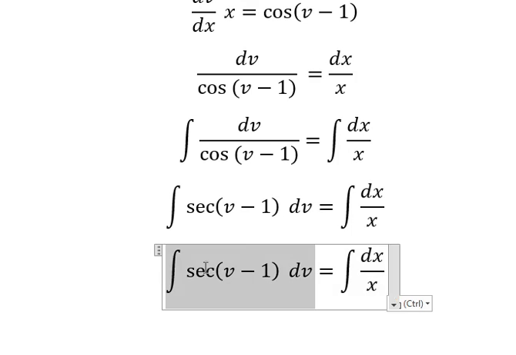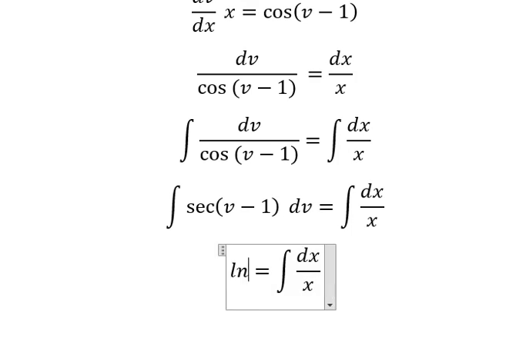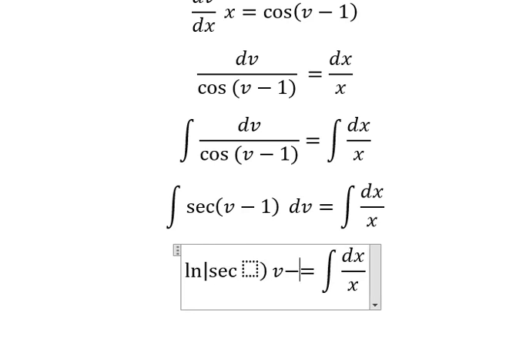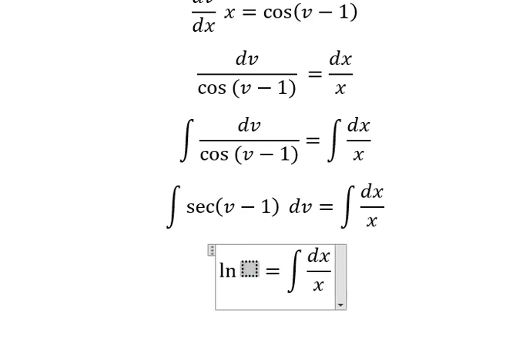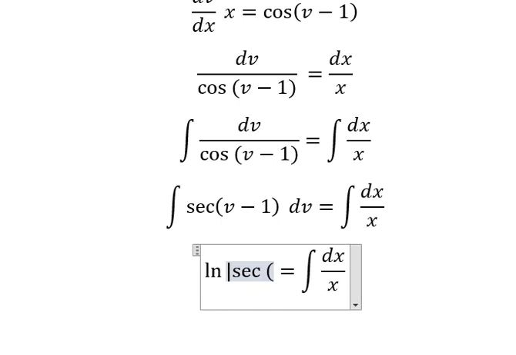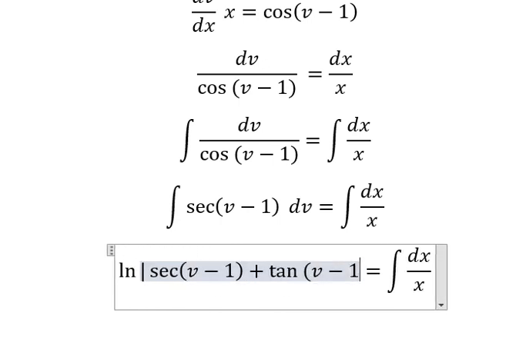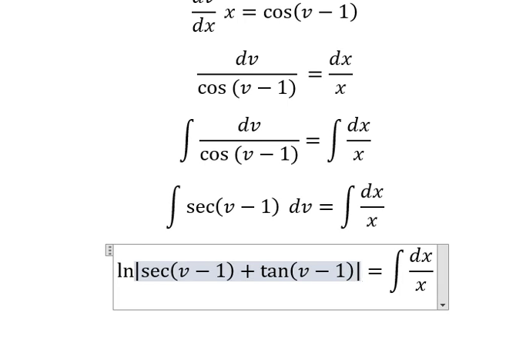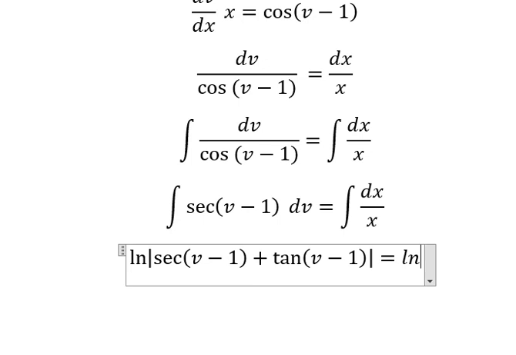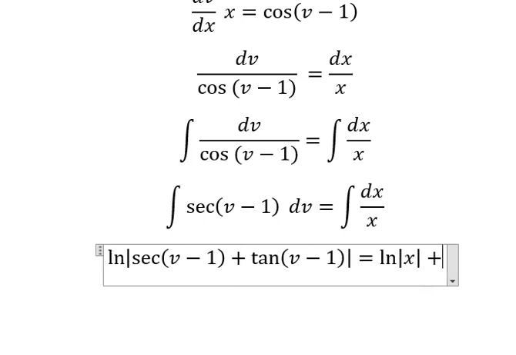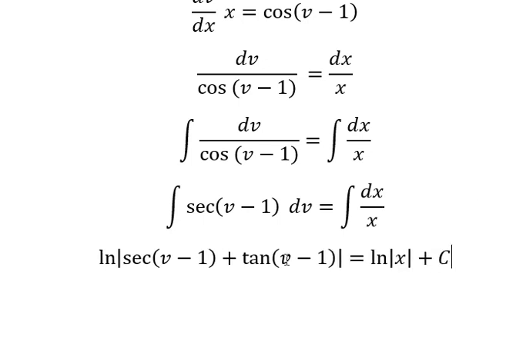So the integration of this one, we have ln of the absolute value of secant of v minus 1 plus tan of v minus 1. The integration of this one, we have ln of the absolute value of s, and I will put plus c.